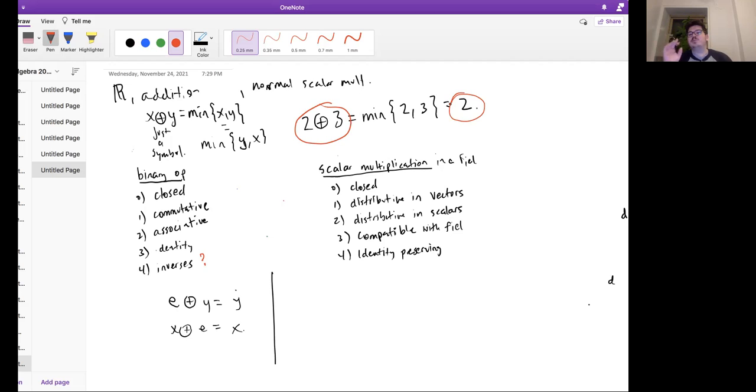Remember, when I say plus, I mean this weird plus, not normal plus. So 2 plus n, for n greater than 2, is also equal to 2. Or equal to, that's fine, the minimum of 2 and 2 is 2, because they're both 2. So you always get this identity if the number is bigger than your original number.